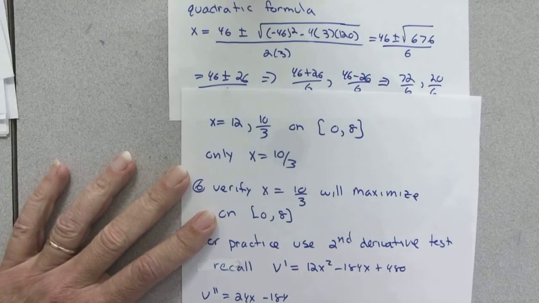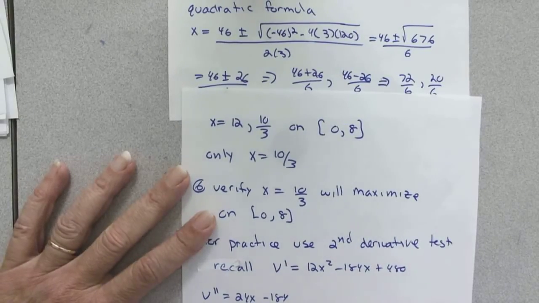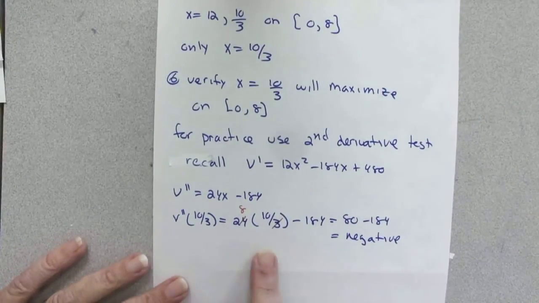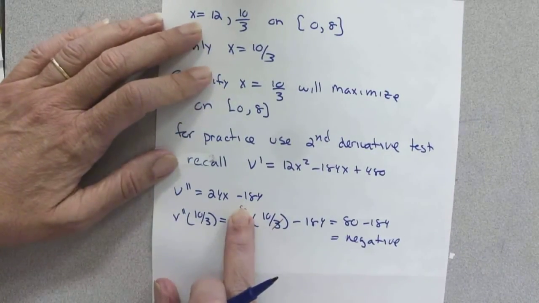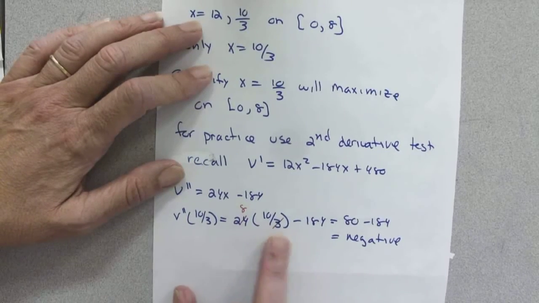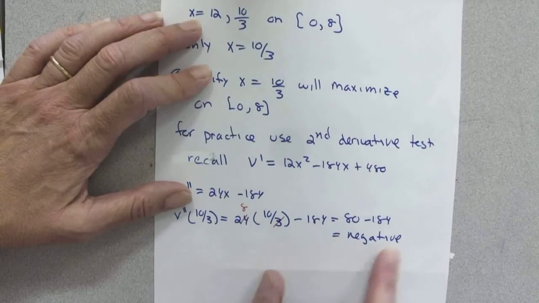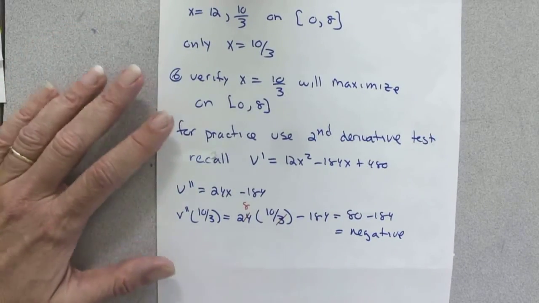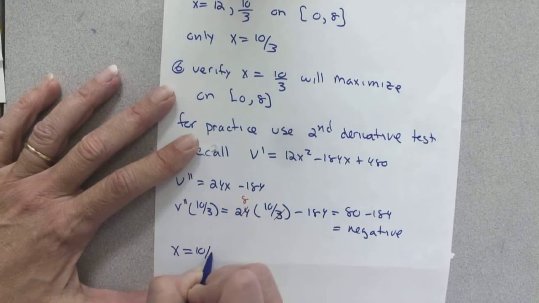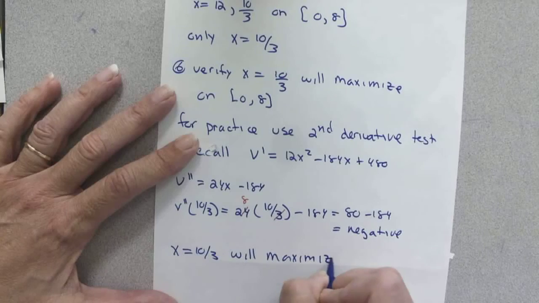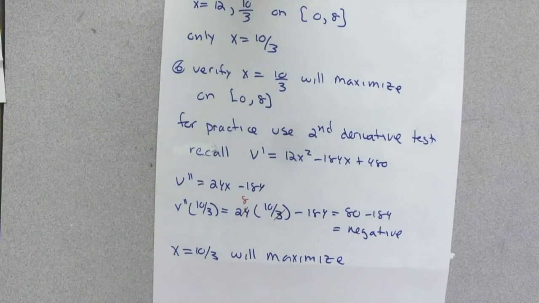And so that's going to be 80 minus 184, which is negative. That's all I really care about. It would have been nice if you could have seen any of that. So I plugged in the 10/3, the 3 and the 24 cancel, leaving 8. And so I've got 80 minus 184, that's negative. And so x equals 10/3 will maximize. Remember the second derivative test, if you just think about positive and negative issues, seems to work backwards.